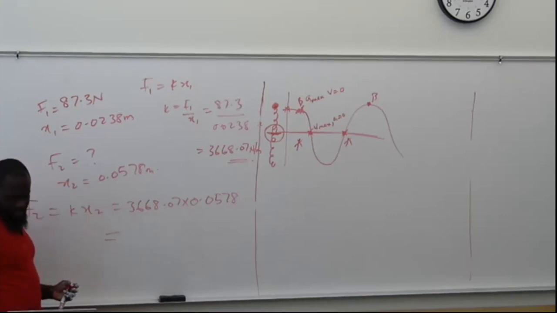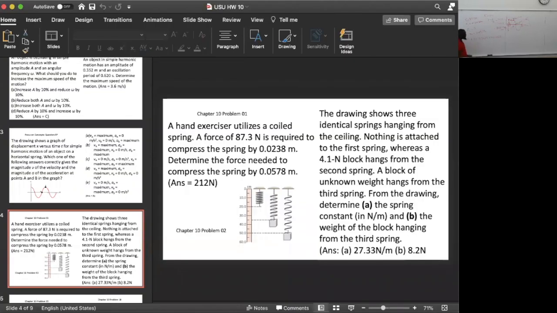Let's check our answer and make sure we are right. We get 212 newtons, exactly. So that's the force. Use F1 and x1 to get k, then put k in F2 and x2. You get F2. That's done.